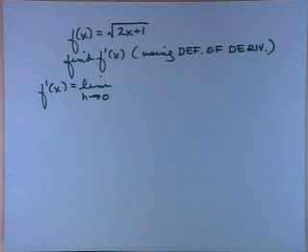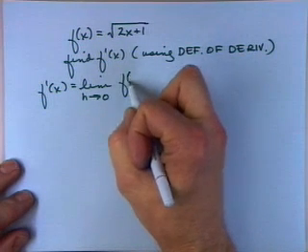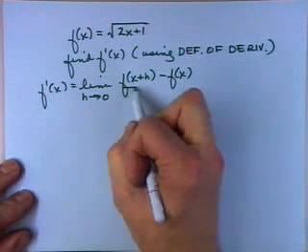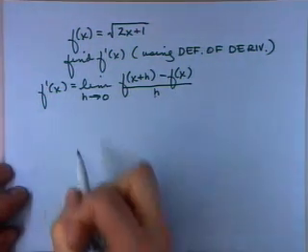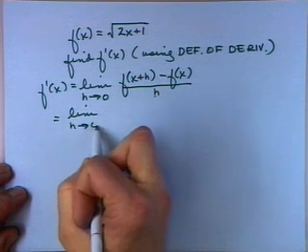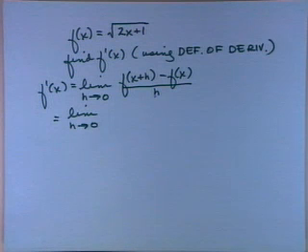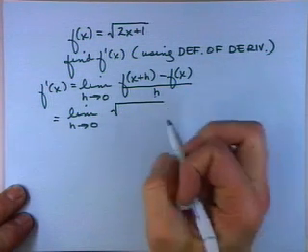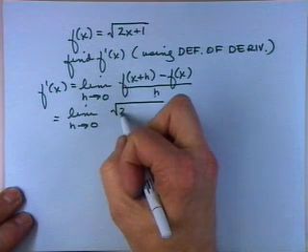What's the first thing? Let me just go ahead and write this down. Isn't it the function at x plus h minus the function at x all over h as h approaches 0? What is this function at x plus h? Go to 2 square root of x plus h. Okay, just do whatever we did to x, we now do it to x plus h.